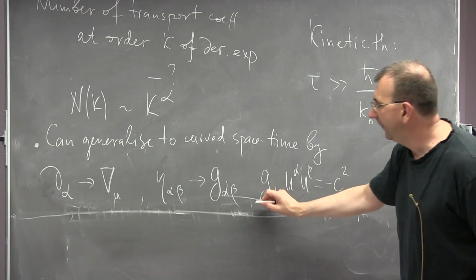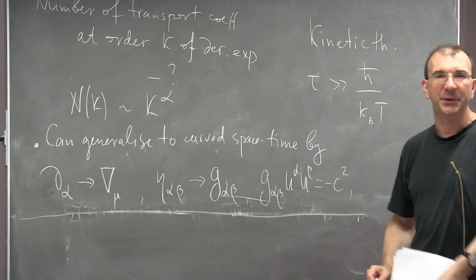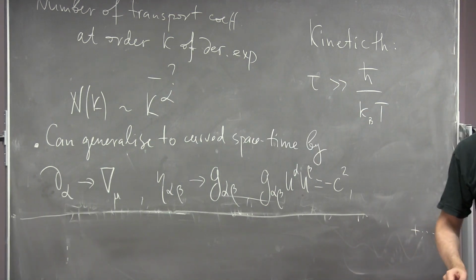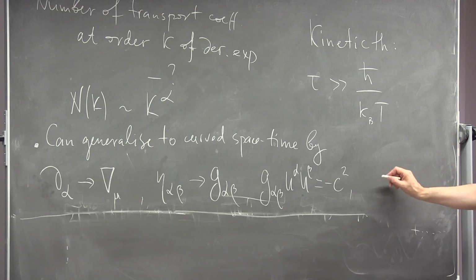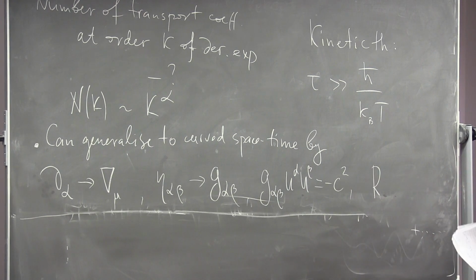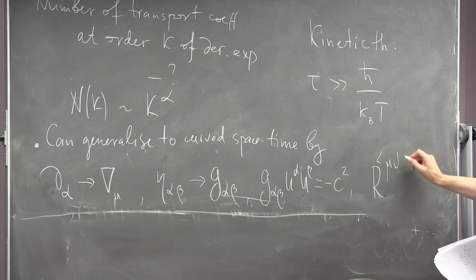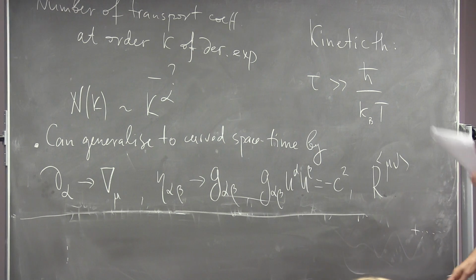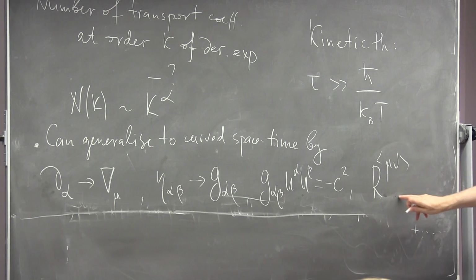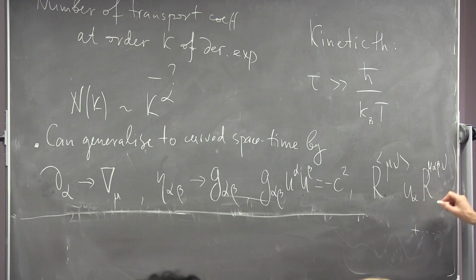Another piece here is that when you write down all possible tensor structures in curved spacetime, you will have various pieces such as R mu nu, appropriately symmetrized, so I'll put this bracket to make it a symmetric combination, and something involving, for example, Riemann, R mu alpha beta nu, and then u alpha u beta.